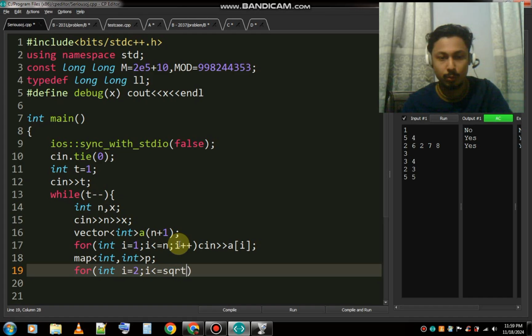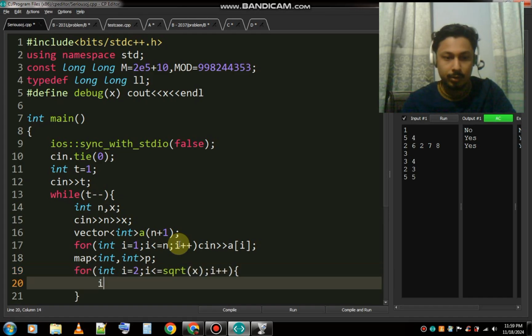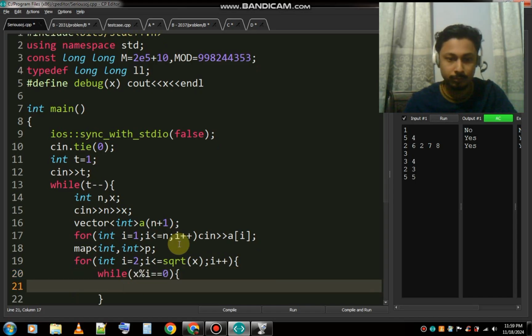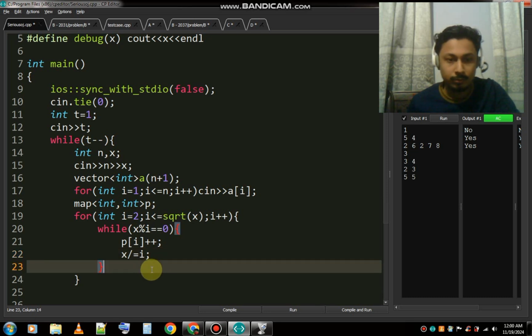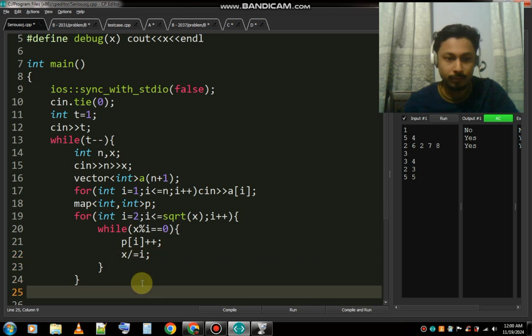Loop while i squared is less than or equal to x, i plus plus. If x is divisible by i, then count it and divide x by i. If x is still greater than 1, that means this x is a prime number.